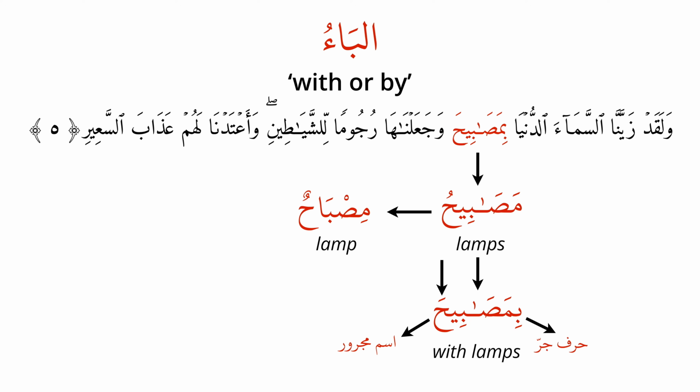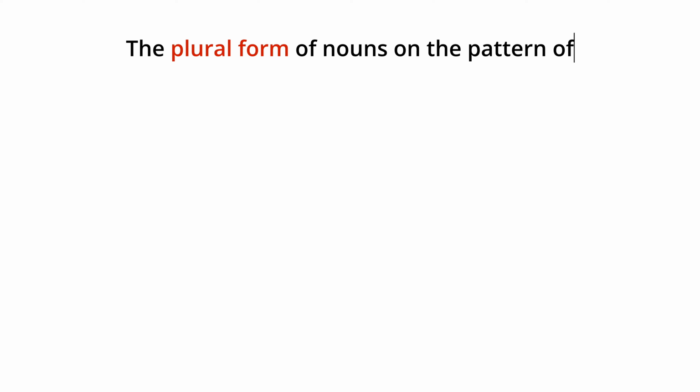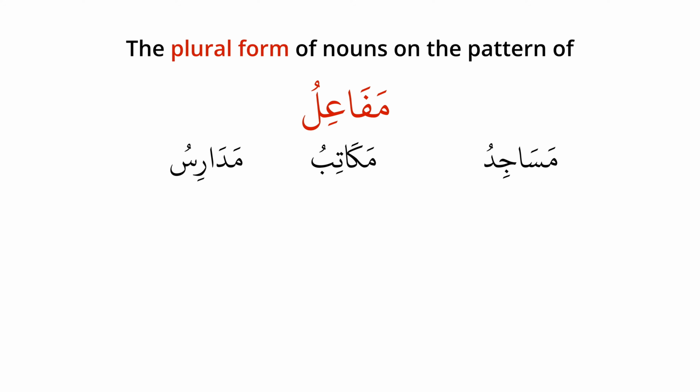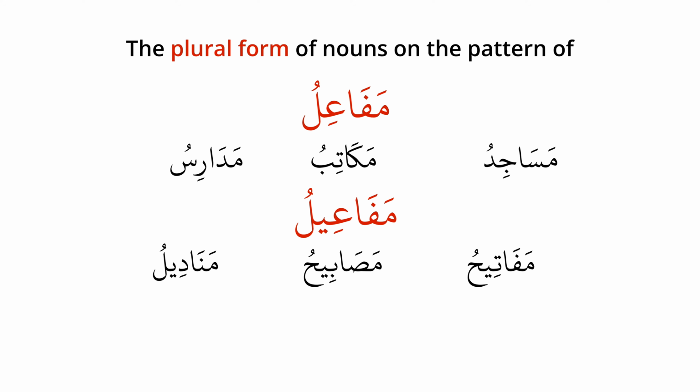Why? Because the noun masabih belongs to the category of al-mamnu' min as-sarf, meaning it's a diptote. I forgot to list this category in the list of al-mamnu' min as-sarf in my previous lesson, which is the plural form of nouns on the pattern of mafa'ilu, such as masajidu, makatibu, madarisu, and the nouns on the pattern of mafa'ilu, such as mafatihu, masabihu, manadilu.